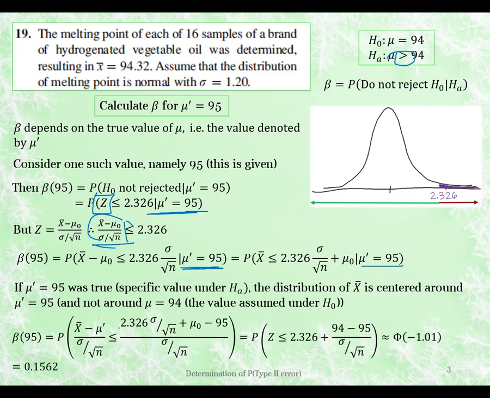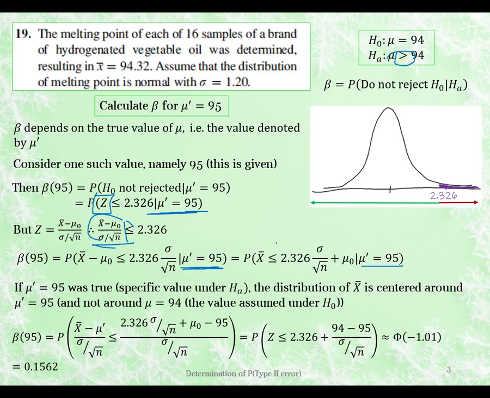So now all we do is we go and standardize using the actual distribution, this new distribution of x bar. So we are assuming that the variance or the standard deviation of x bar remains the same. You can see that when we standardize, we're still standardizing with that.